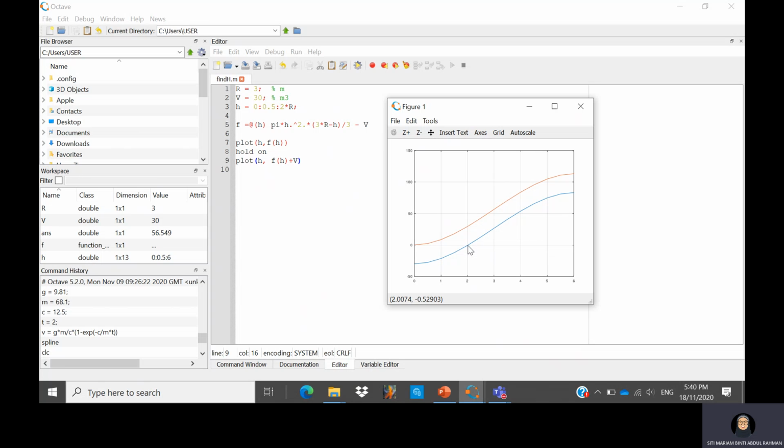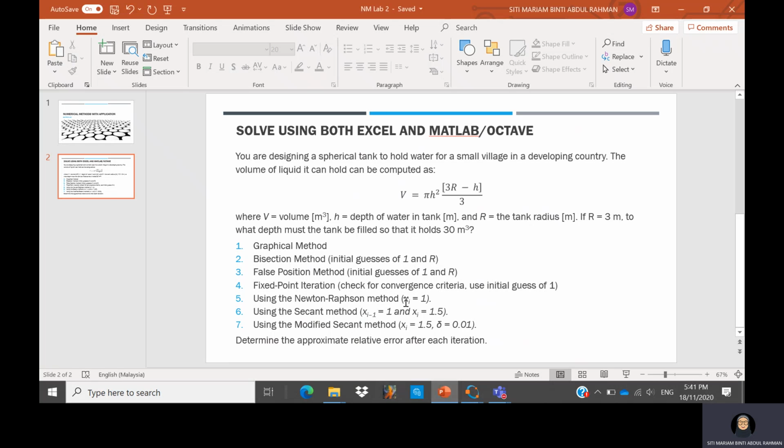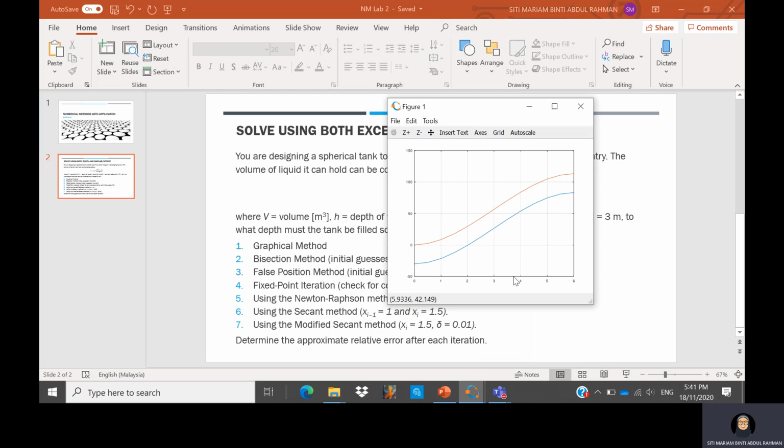From there, you can work out your solution for all the remaining methods. You're going to be working with only one method per person. For example, if you use the bisection method, you're going to use the information that you gathered from the graphical method for the initial guesses.